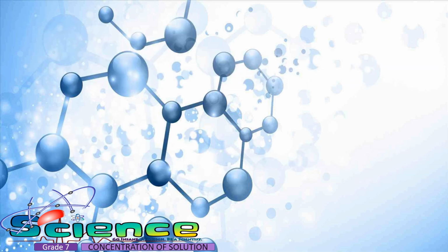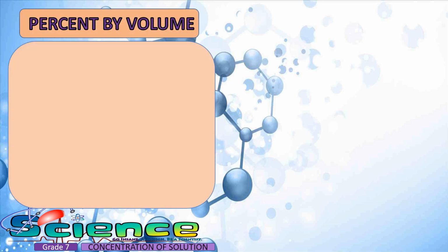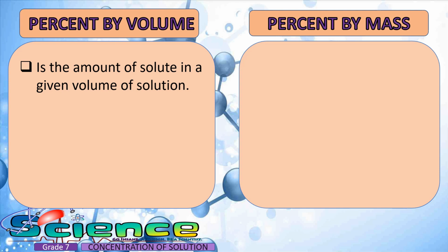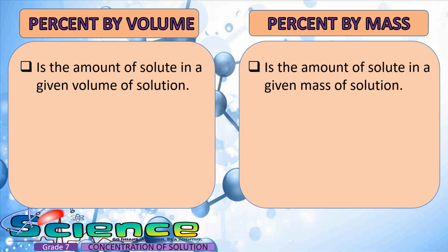Concentration of solution can be expressed quantitatively by percent by volume and percent by mass. Percent by volume is the amount of solute in a given volume of solution. And percent by mass is the amount of solute in a given mass of solution.